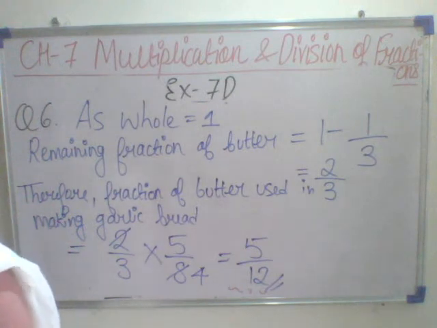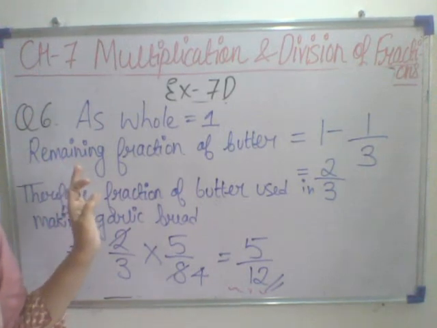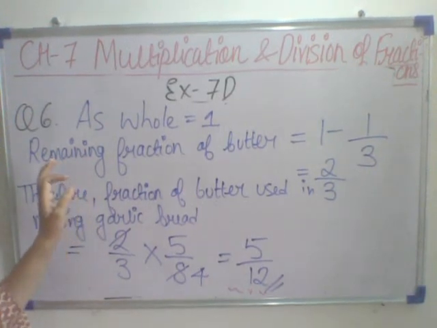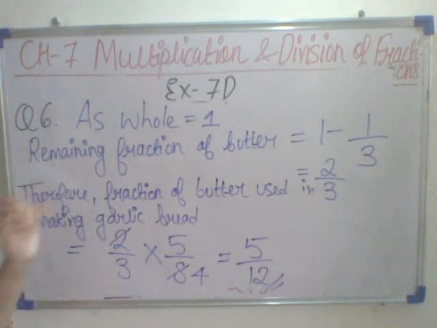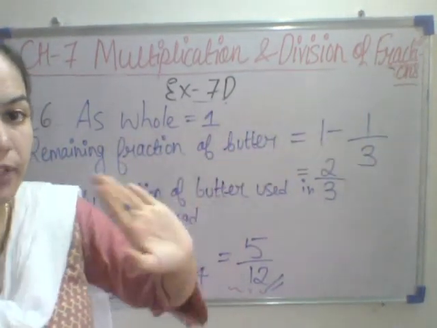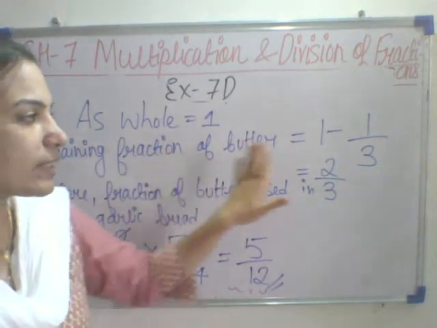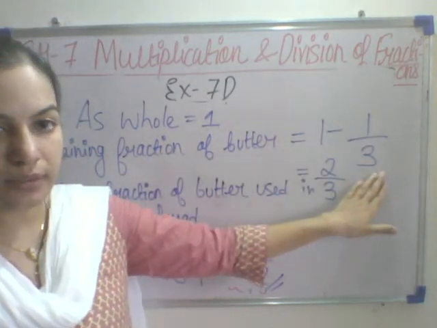So again I am revising this question. Let us read the question on page number 96. Anjali uses 1/3 of a stick of butter in making sauce. 1/3 of the butter is used. So we have to find first of all the remaining fraction. How will we find the remaining fraction? 1 minus 1/3.